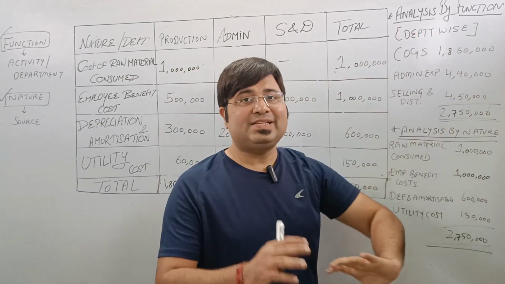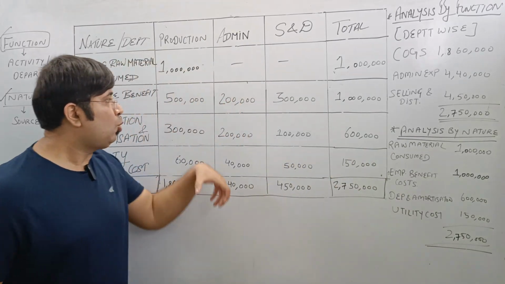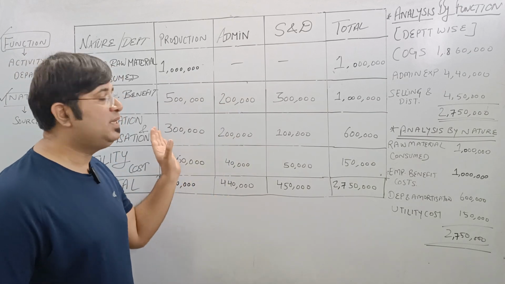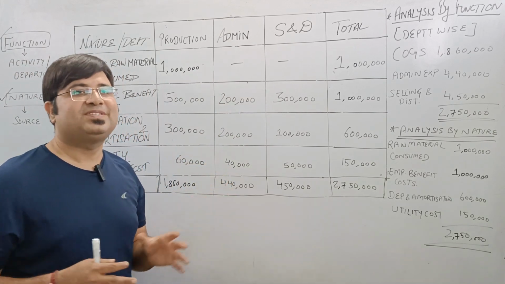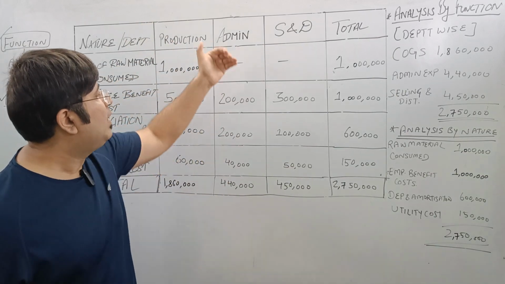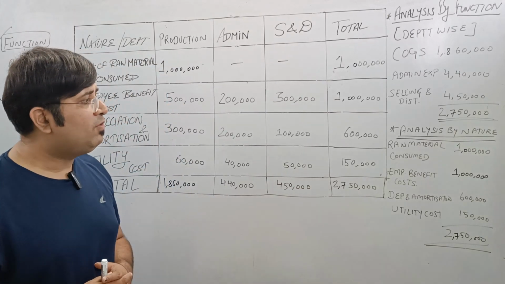This represents the analysis by function, where it represents the total cost of a particular department. As I mentioned, function represents the activity: the production activity, the admin activity, and the S&D activity. Now, what do we mean by nature?